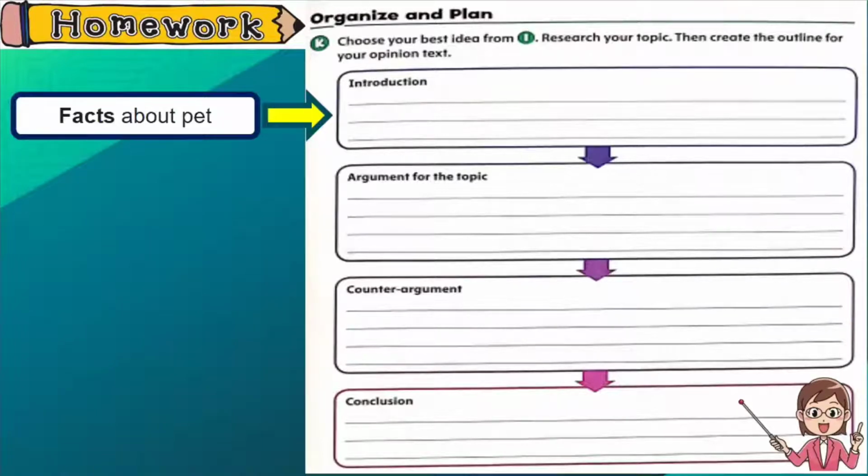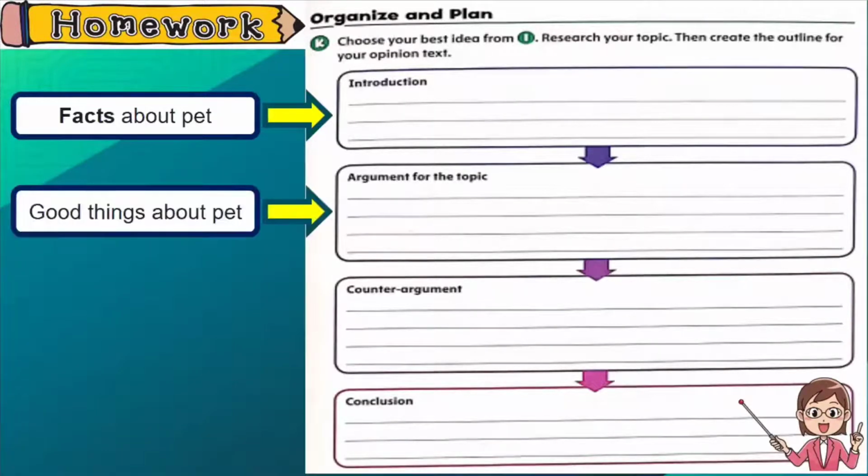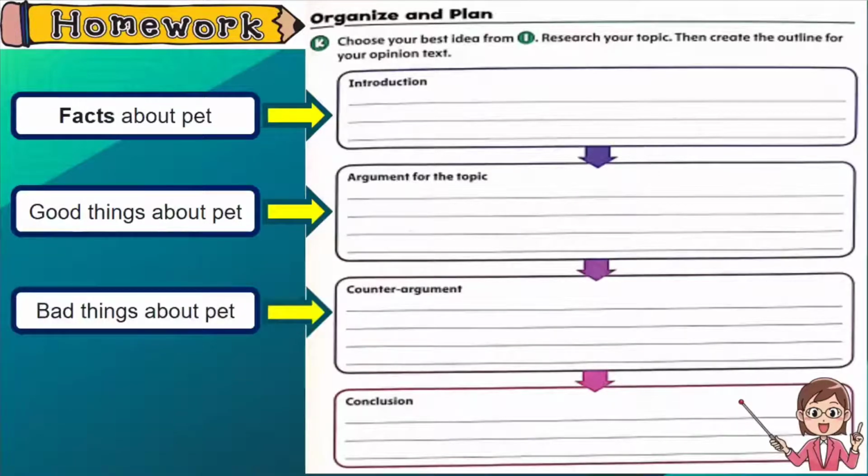Okay, so for the second paragraph, the argument for the topic, that's where you write the positive sides of having a pet. For the third paragraph, that is about again the negative sides, or what are the bad things about having a pet. So that's where you will write your opinion.